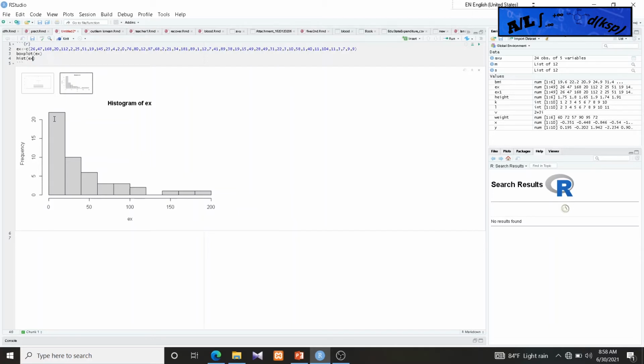We can even manage all of these bins, but at this moment I'm not going to show you. I just need to give you an idea about this distribution. This looks like a highly positive skewed distribution.